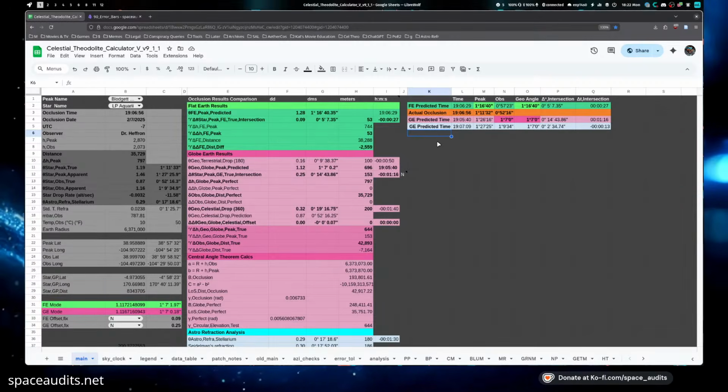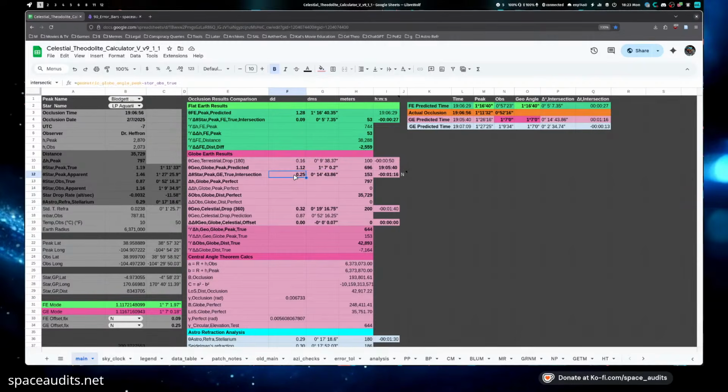Right. So for Blodgett Peak, we run into the same situation here where we're going to analyze from the intersection offset. So we predict 116 for our physical elevation. The star was occluded 5 arc seconds different from that, which is a time translation of 27 seconds. And for the globe, they predict a 107 physical intersection instead of the 116.